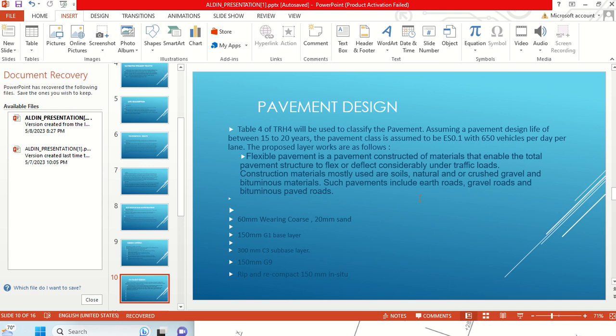The proposed layer works are as follows. The lecturer has given, as stated in the project brief, the proposed layers.